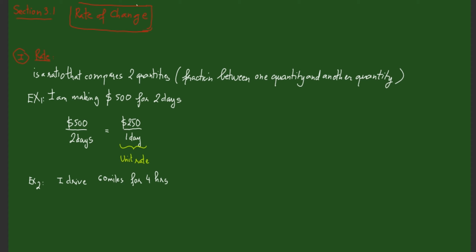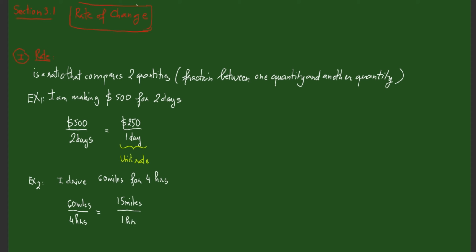Then I can set up the rate as 60 miles over 4 hours. If I simplify it so that it becomes a unit rate, it will be equal to 15 miles for 1 hour, right?